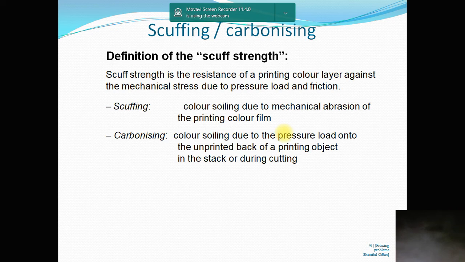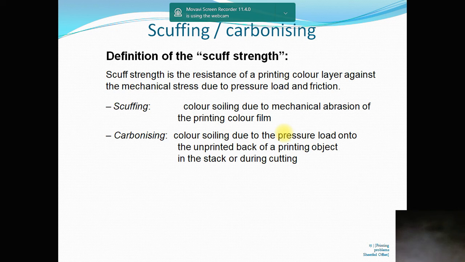That is the scuff resistance or scuff strength: the resistance of a printing color layer against the mechanical stress due to pressure load and some friction also.